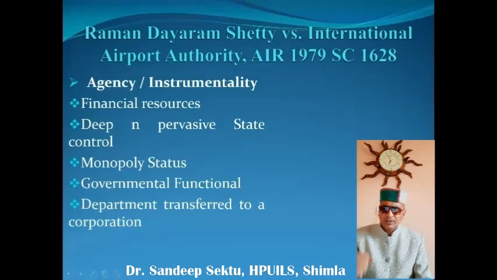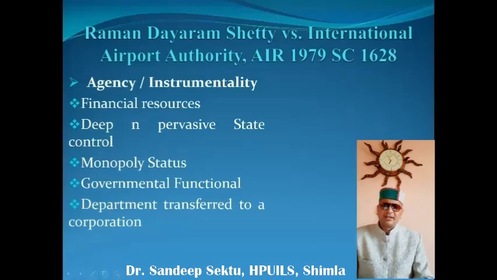Then next one, monopoly status. If government has conferred monopoly status on any authority, then it is state. I'll give you a very simple example, railway, right? Railway department. So monopoly status has been given to them. So railway is state. Then comes the next one. Functional character being governmental in nature.